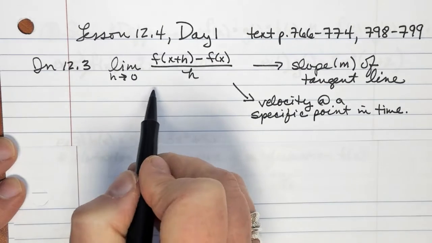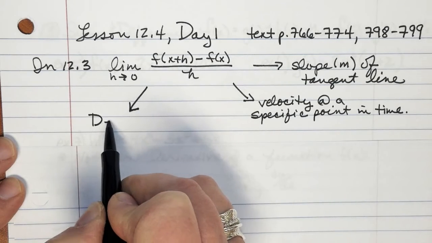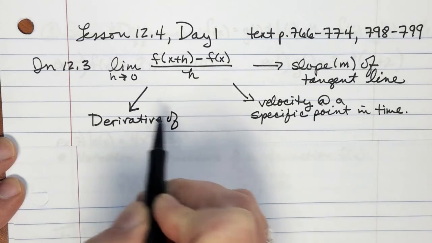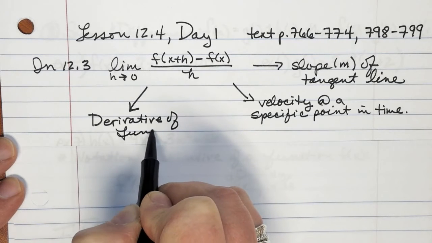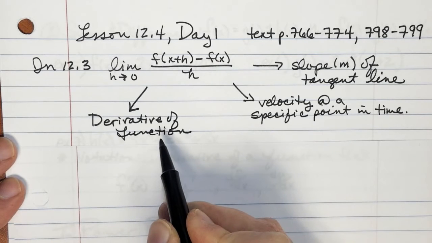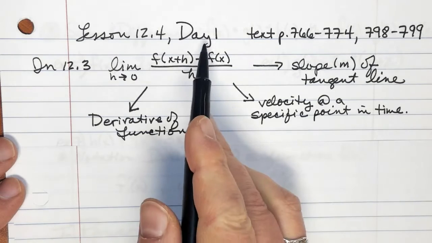This lesson focuses on something called a derivative of a function. And we are going to learn a couple different ways to do this in this lesson, and then I will teach you 2 more in day 2.